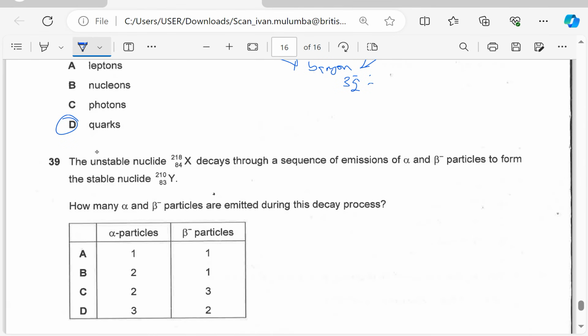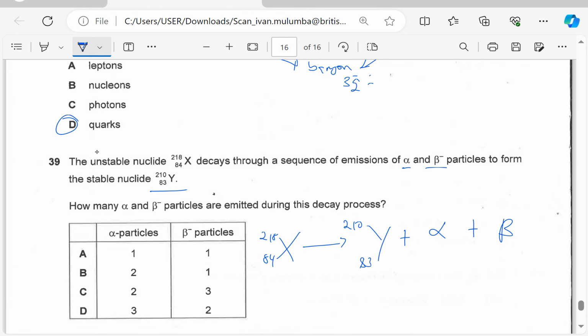The unstable nuclide X, 218 84, decays through the sequence of emission of alpha and beta minus particles to form a stable nuclide. So X, which is 218 84, is giving us Y, which is 210 83, plus alpha plus beta.